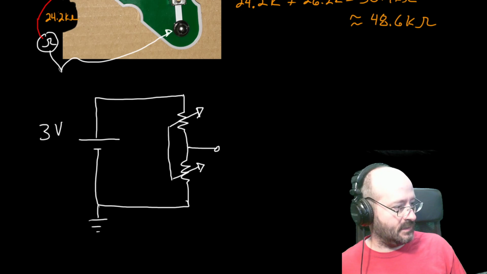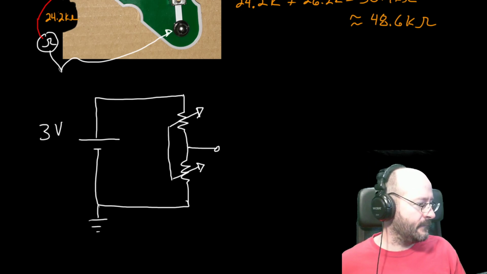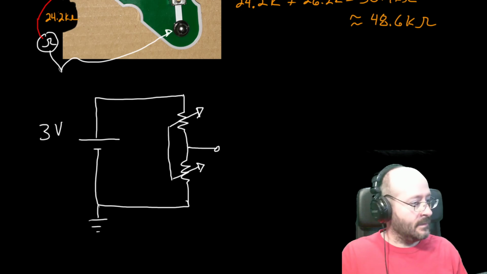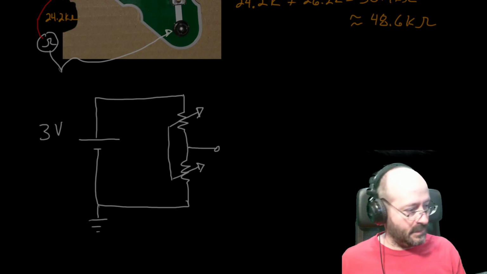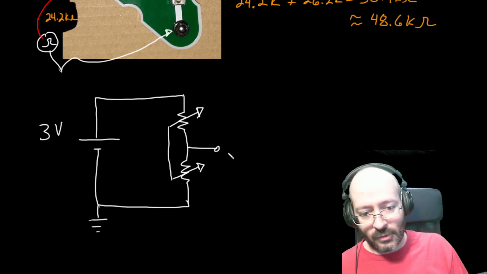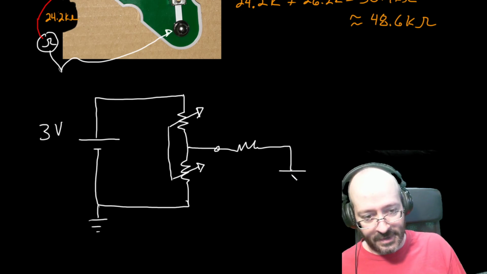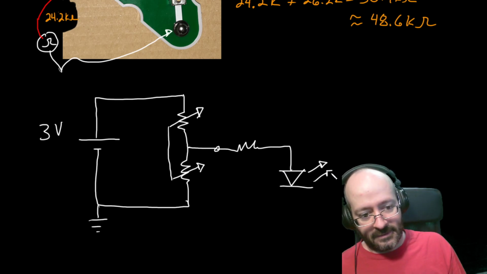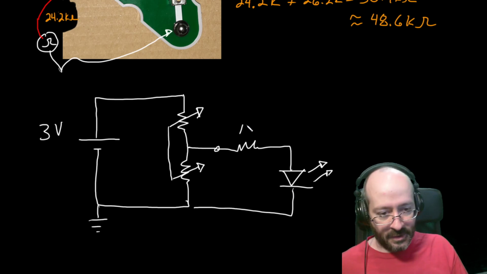Let me rotate this, and get it as big as I can while still fitting on the screen. Okay, so that voltage, I took that voltage and I ran it through the LED so that you had a visual thing going on. This is where you can totally use the egg, by the way. Okay, this was the 100 ohm resistor.